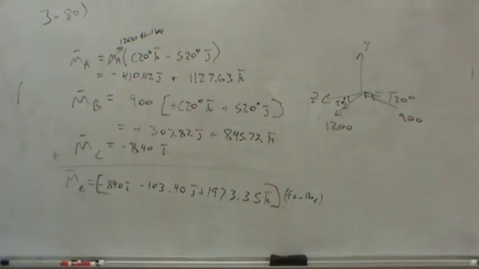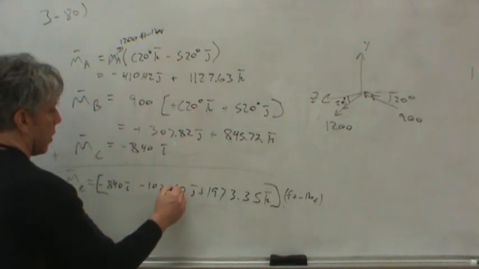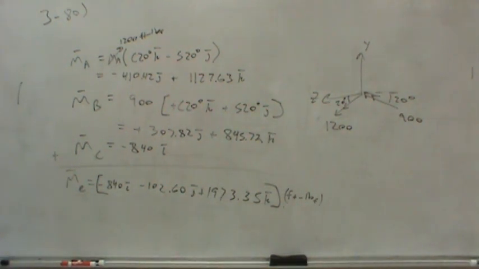For J, I got negative 102.6. Did I mess this up? You said 102.6, Stephen? Yeah, I got that as well. Okay. How do you get 0.6? Taking 0.42 away from 0.82.